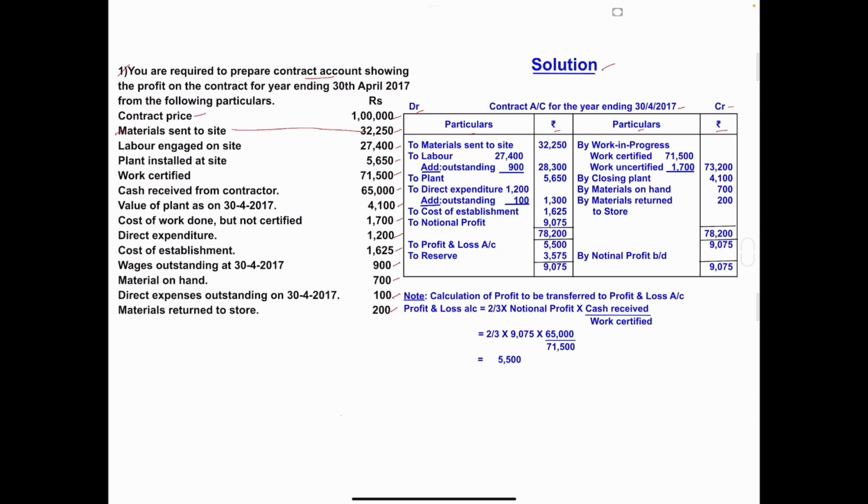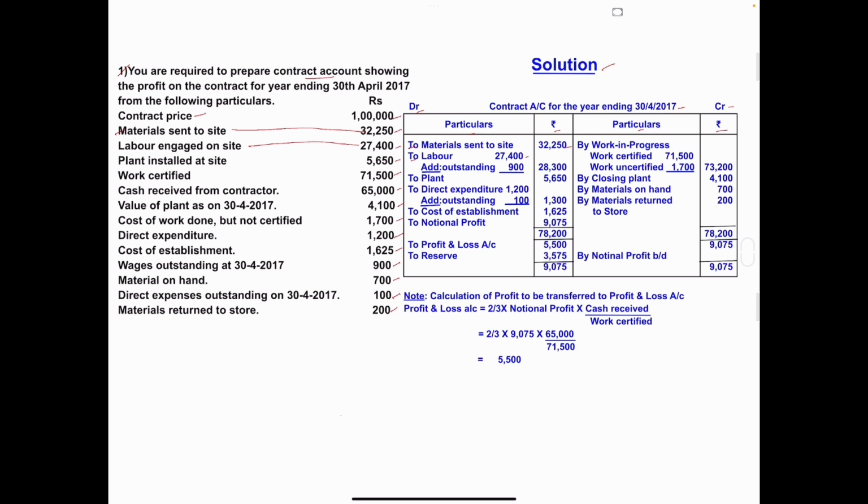Write on the debit side, to material sent to site 32,250. Labor engaged on site 27,400. On the debit side write to labor 27,400.